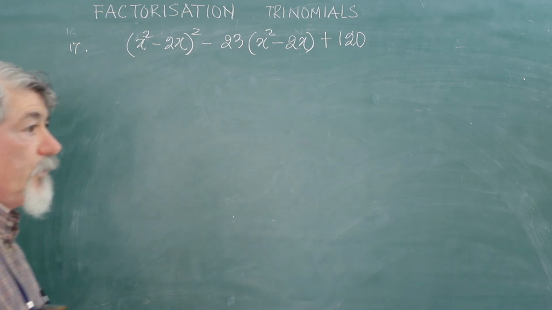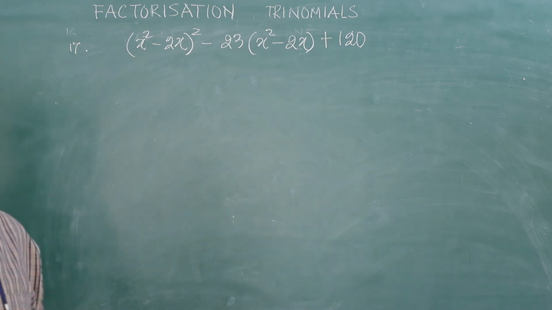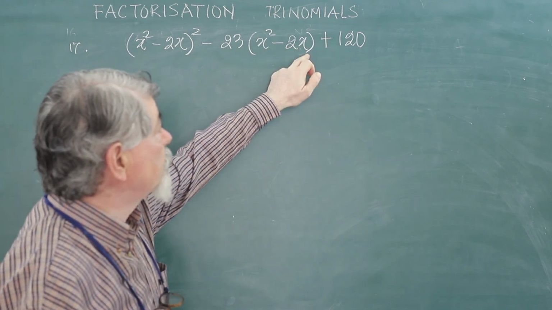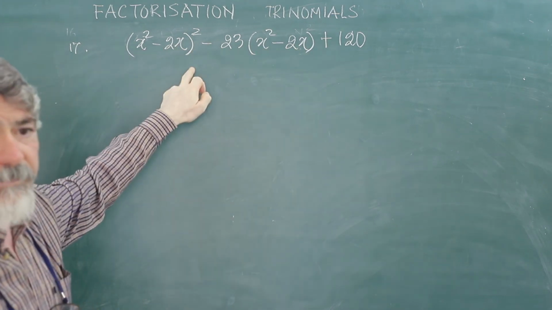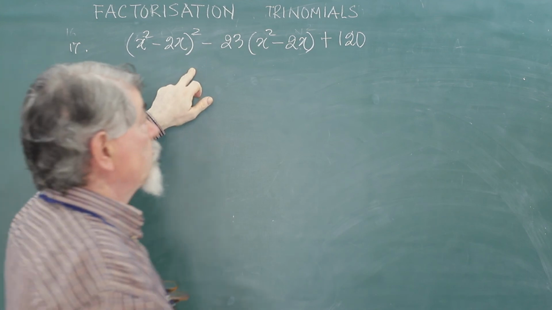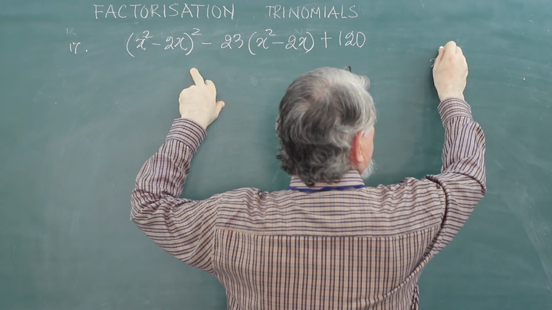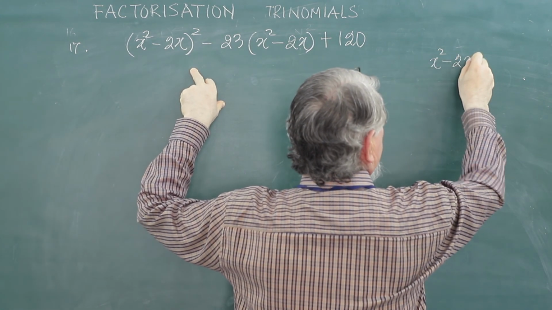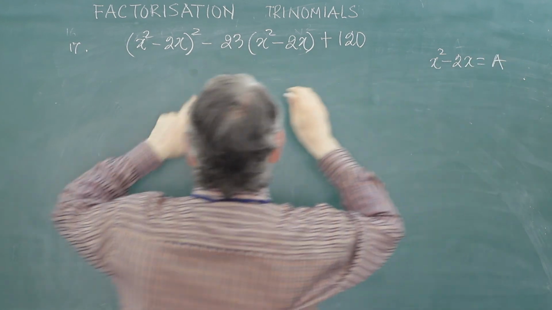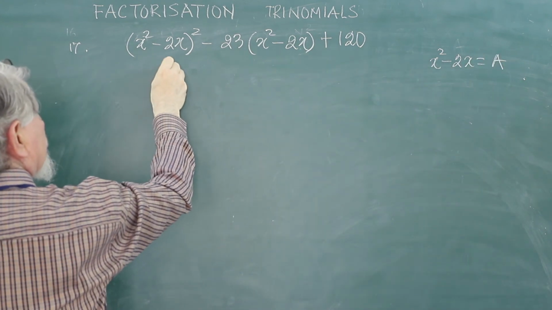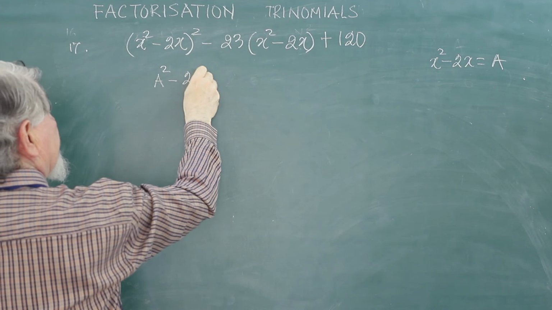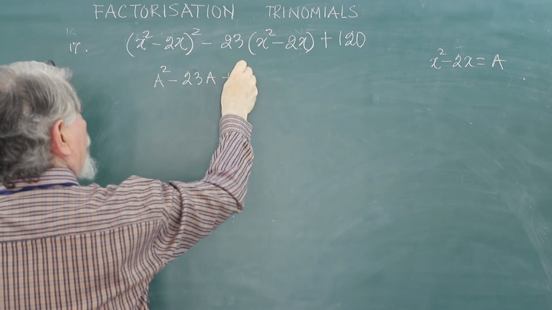So what I'm going to do is substitute x square minus 2x, because I have x square minus 2x here also, and here also. So I'm going to put x square minus 2x as a. So it will become a square minus 23a plus 120.